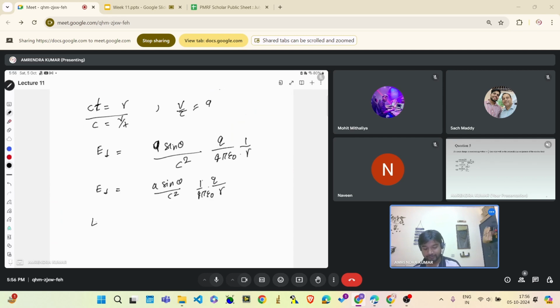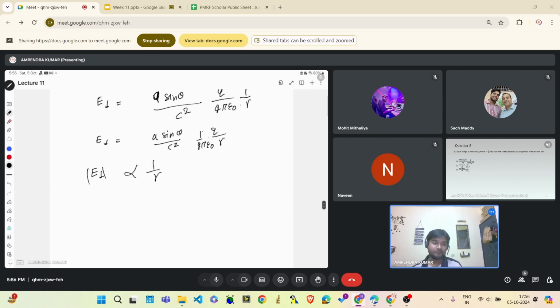Here you see that the electric field magnitude is proportional to 1 over r. It's not 1 over r square anymore. And we know that this electric field is changing with time.